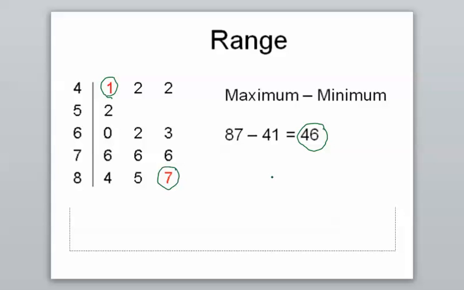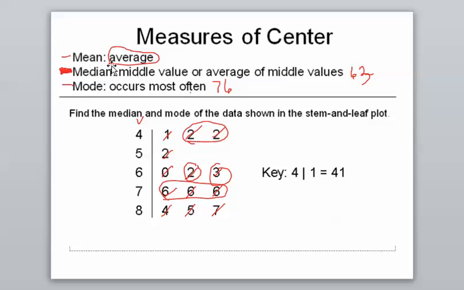And I didn't go into how to calculate the average, the mean. I figure you can do that on your own. Now we're going to use these things to help us in the work that we're doing, in calculating the centers and being able to use that information in statistics.